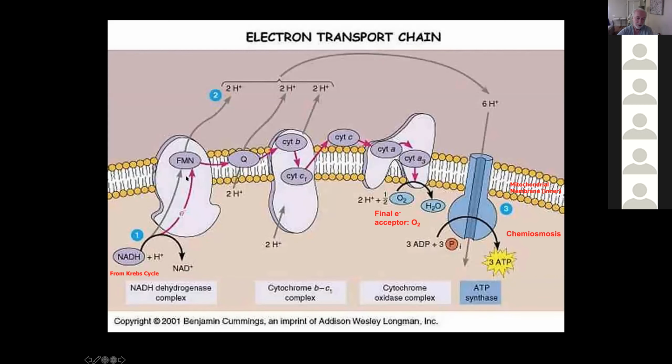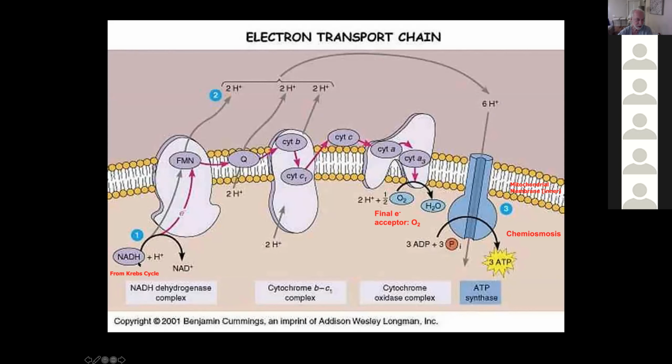Again, I refer you to the video if you'd like to see this process in action, but it involves the intermitochondrial membrane, which you see here, with these protein complexes embedded in the membrane, which harbor the electron carriers.